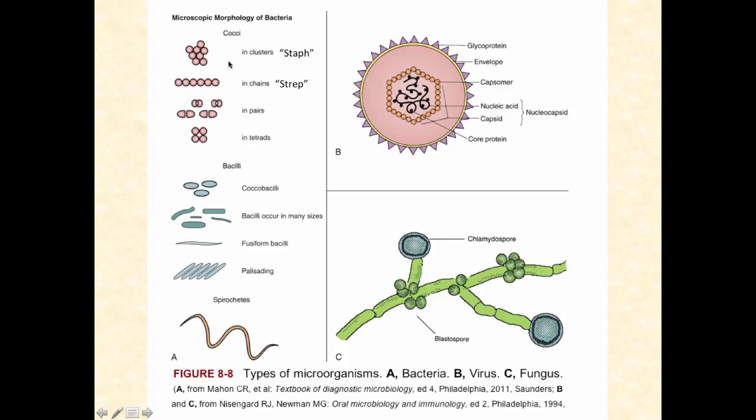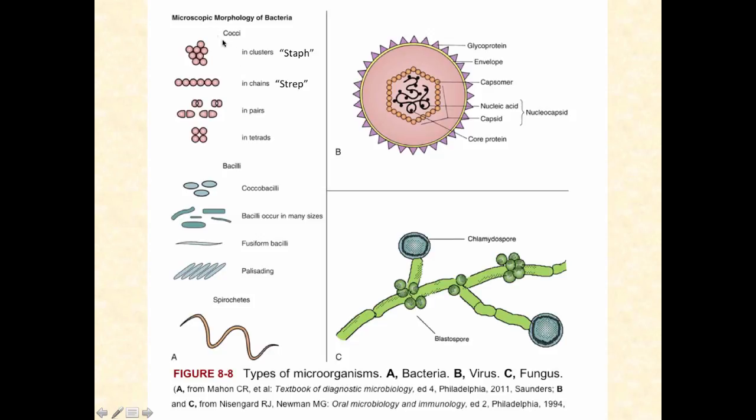A spherical single-celled bacterium we call a cocci. A rod-shaped or oblong-shaped single-celled bacterium we call a bacilli. And the almost worm-like shape we call a spirochete.